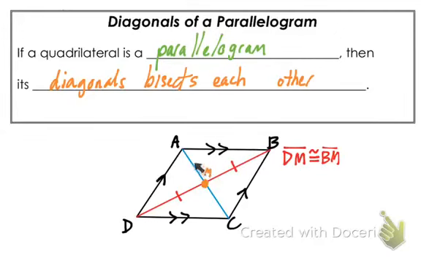Not only does AC bisect DB, but DB bisects AC as well. So then we can also say that AM is congruent to MC, sorry. Perfect.